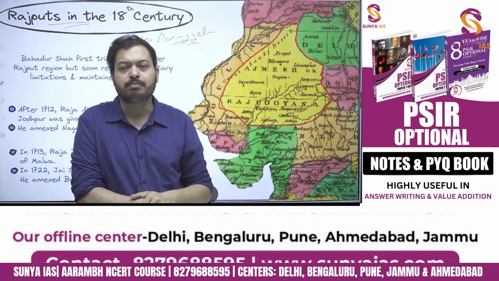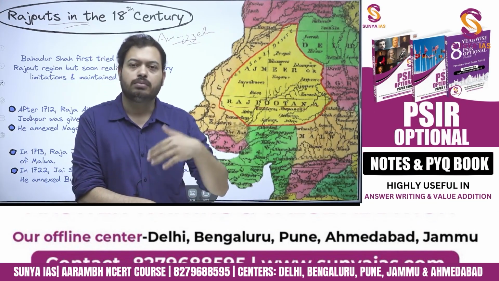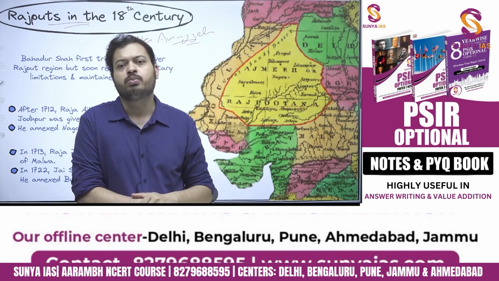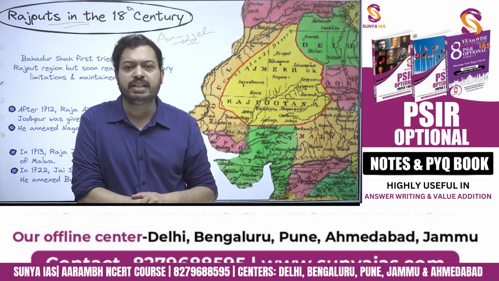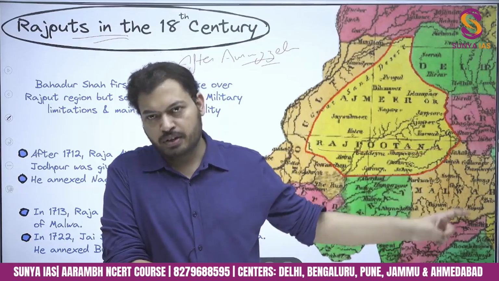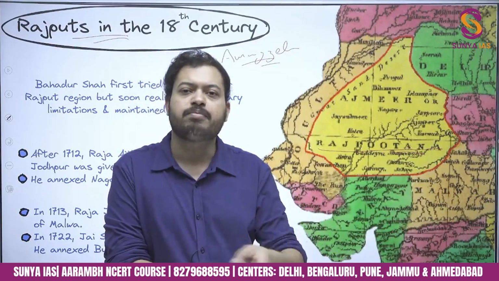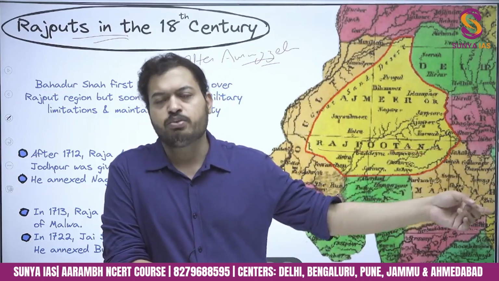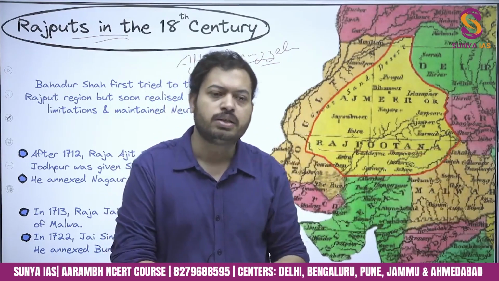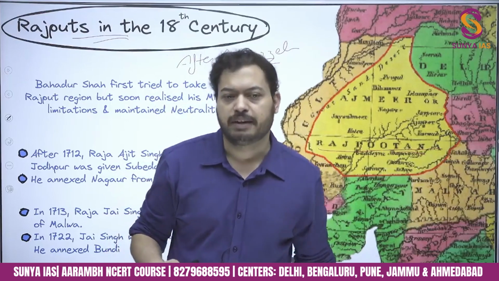It was happening because the Mughal emperors were looking urgently for allies, and the Rajputs were the much needed allies because they were closer and they had a military might of their own. So the Rajputs being with the Mughal ruler resolved a lot of issues.